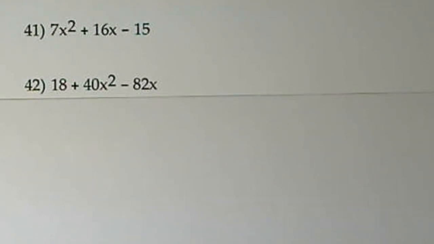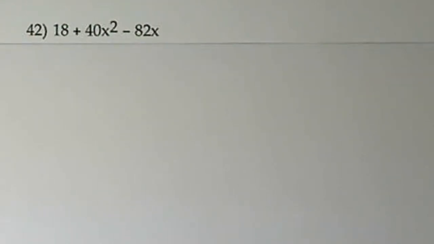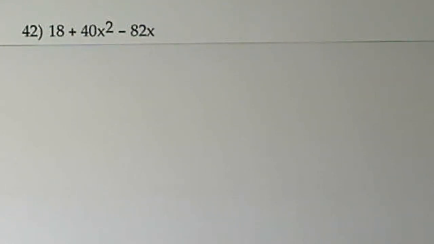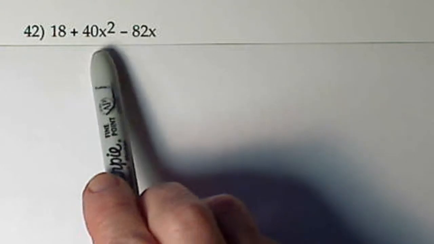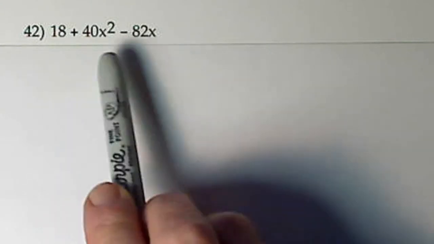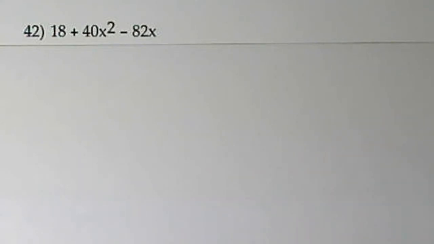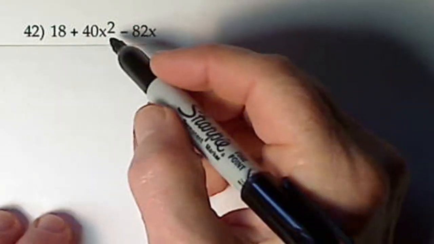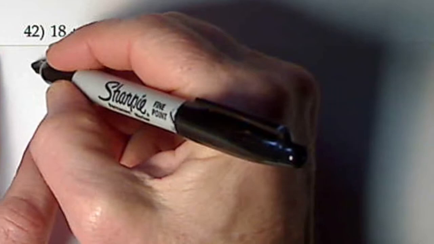And notice you're going to have to do a little bit of rearranging here. Okay, you're supposed to have the terms arranged with exponents in descending order. So I'll do that as the first step. 40x squared will come first.